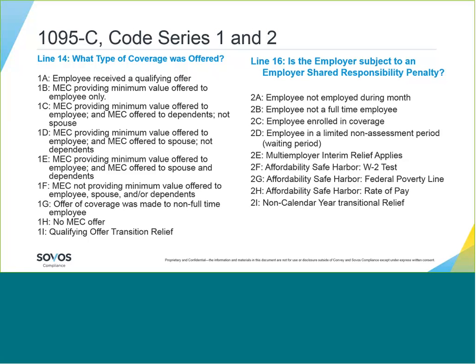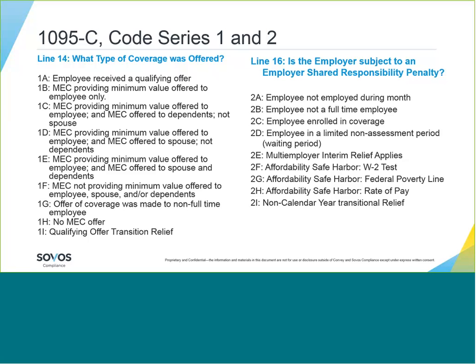Then line 16 would be what we refer to as the safe harbor code. And this is why you would be able to sit here and say, well, I did not offer coverage to this employee, so then the question is, what was the reason? So for instance, you may have a need for working with a 2D or 2 delta, in which an employee is in a limited non-assessment period, for instance, a waiting period.